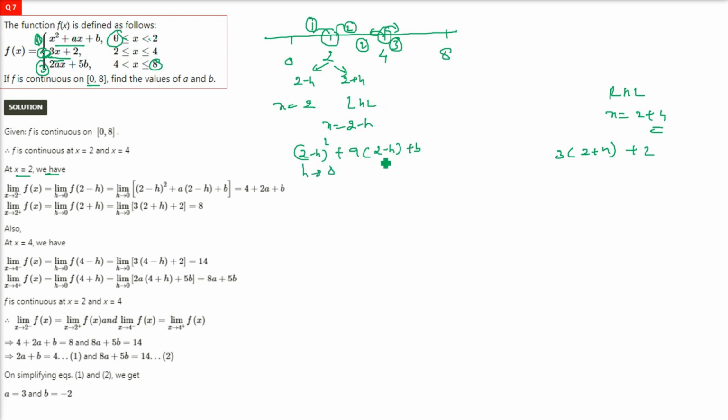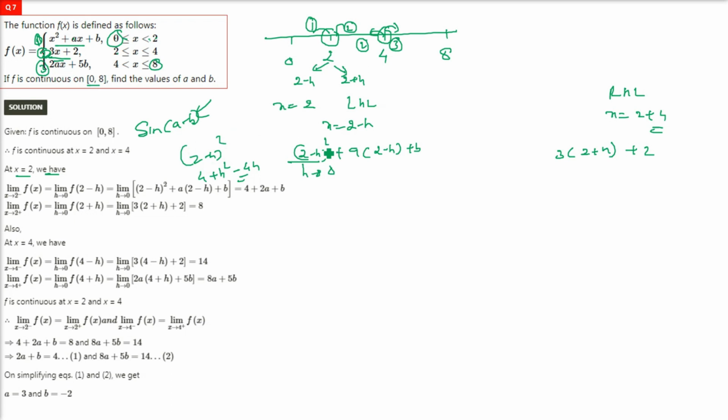If I put h equals 0, I don't get any undefined value, so I can just put h equals 0 here. For 2 minus h whole square, you have to open it: 4 plus h square minus 4h. I am not doing it because I have some experience; I know there is no difference in opening 2 minus h whole square or not if you put h equals 0. But you have to open this.